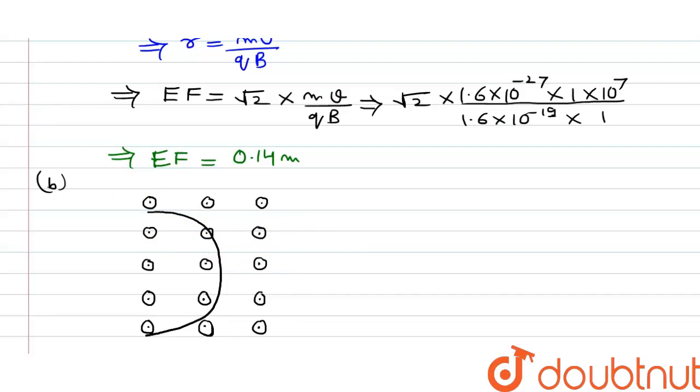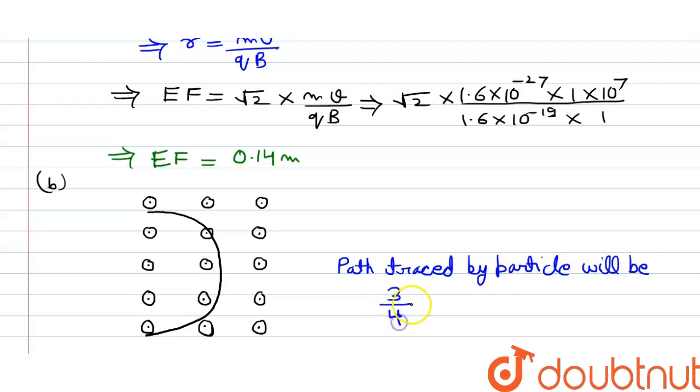So path traced by particle will be 3/4 of full circle.